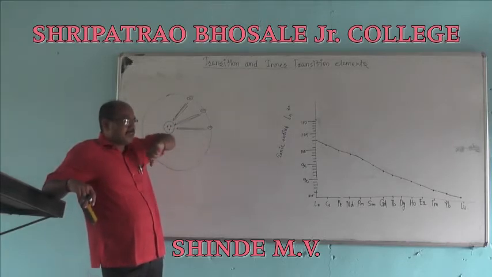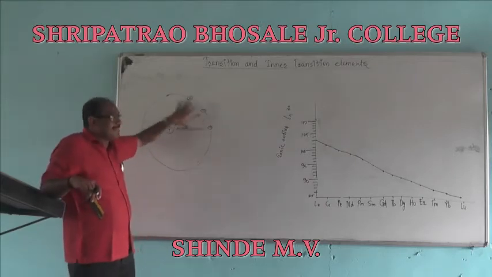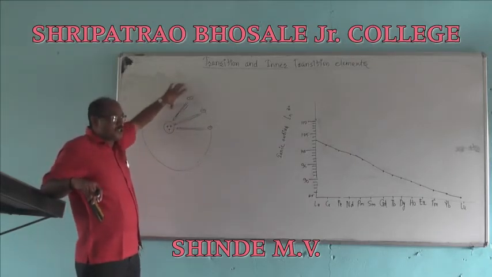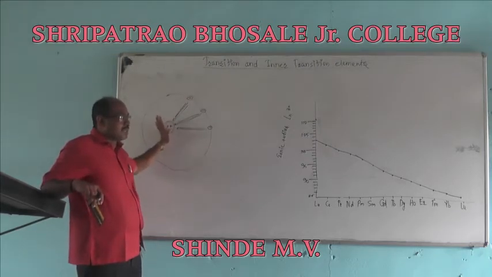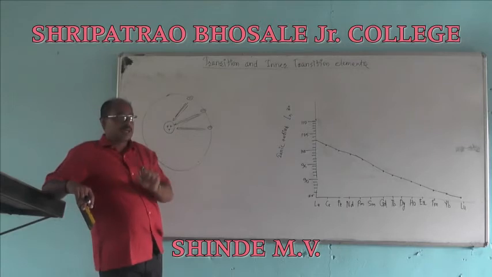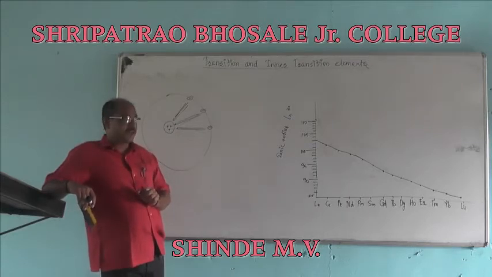As electrons are added in the same subshell, the attraction of electrons towards the nucleus increases, and this is responsible for the decrease in the atomic size or ionic size of the lanthanoids.